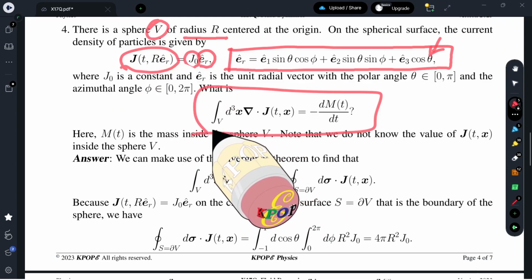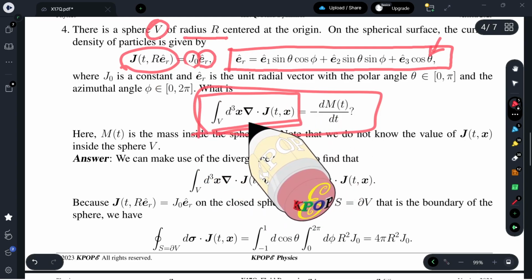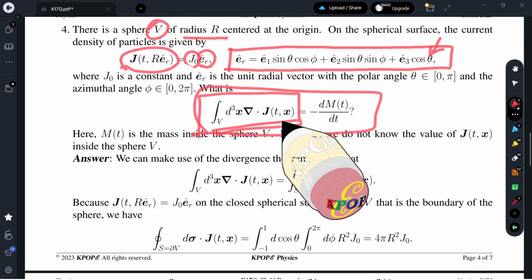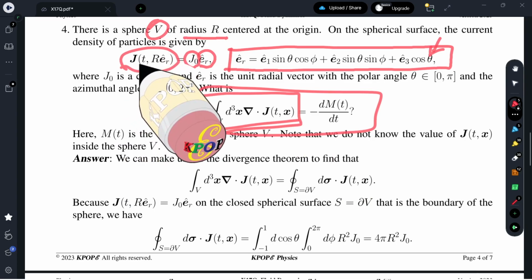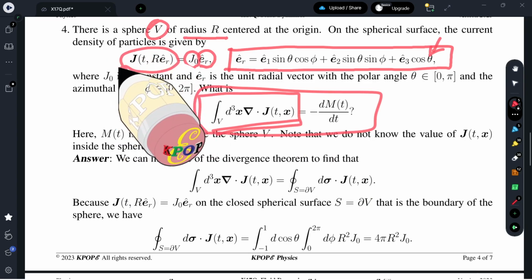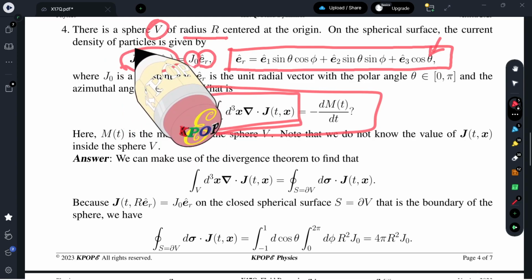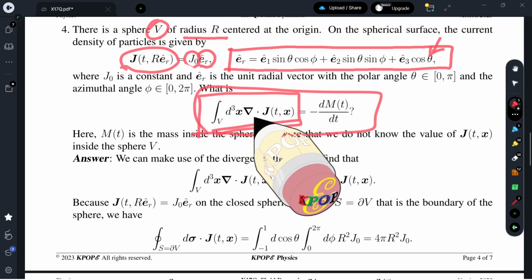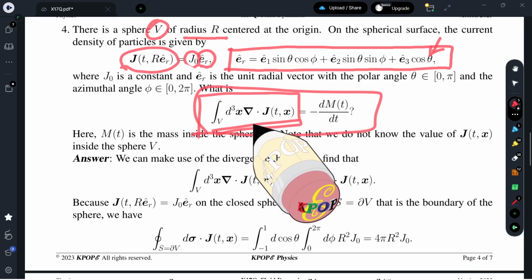But this question asked for the volume integral of this divergence, and what we know is the boundary condition of the current density evaluated on the spherical surface only. It is impossible for us to evaluate divergence J.